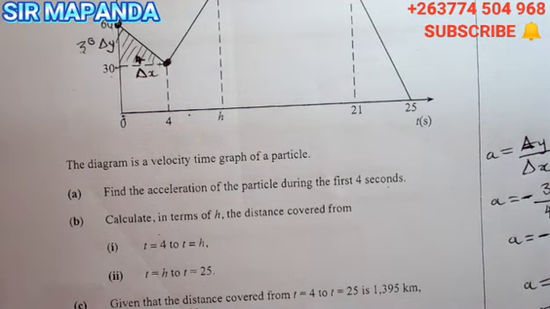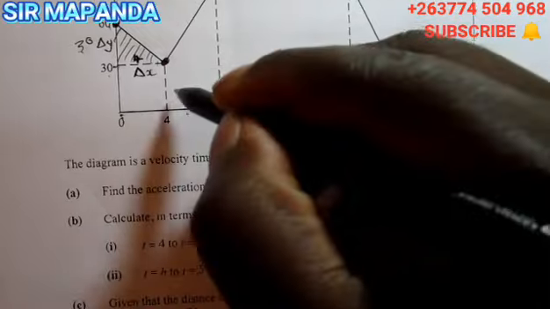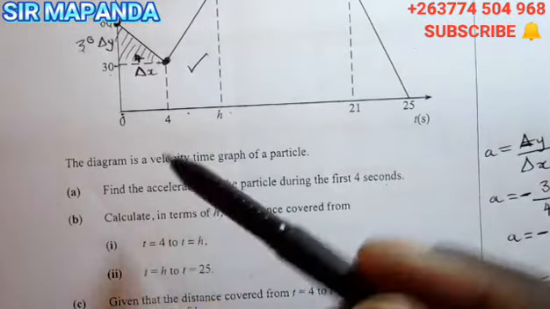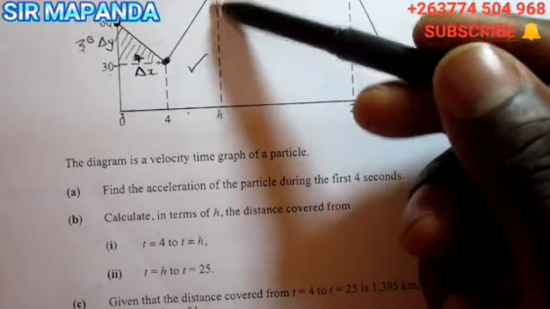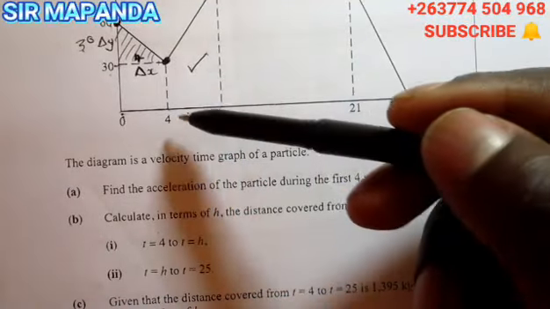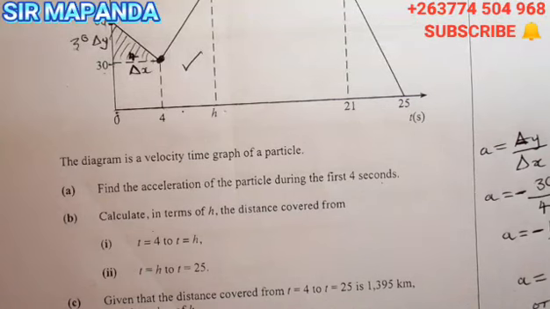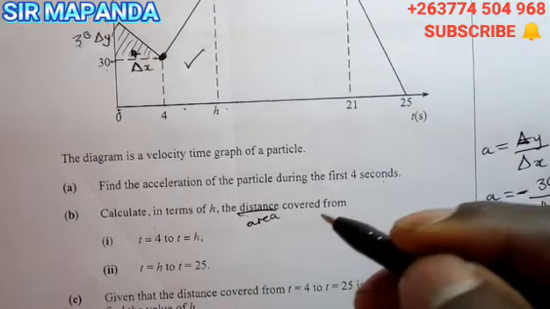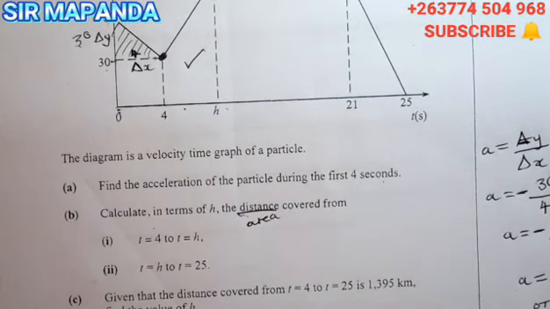Calculate in terms of h the distance covered from t is equals to 4 to t is equals to h. So they want you to identify this distance from 4 to h. So you can clearly notice that the area or the shape being formed from 4 to h is a trapezium. So whenever you are asked to calculate distance, what you need to do is to calculate the area.